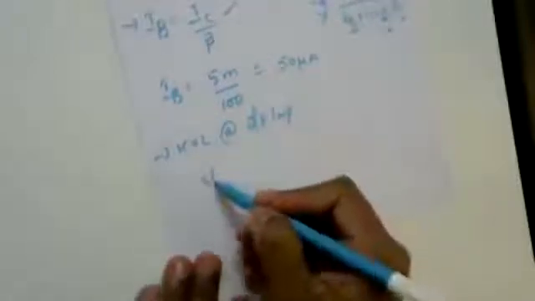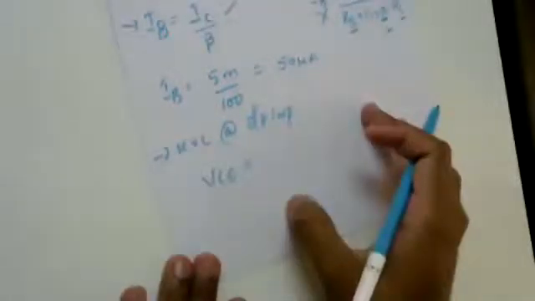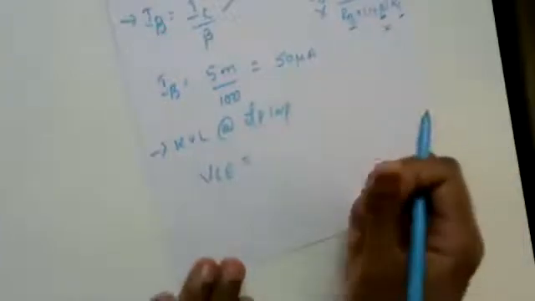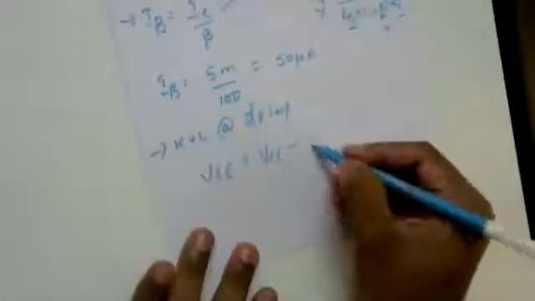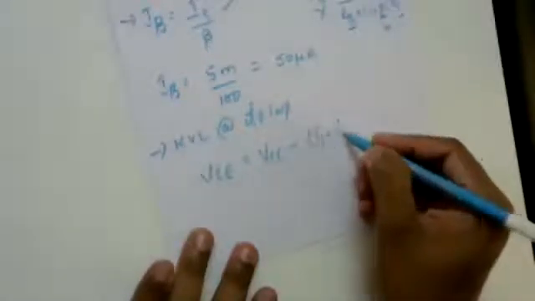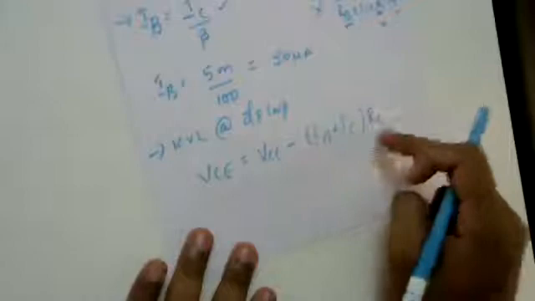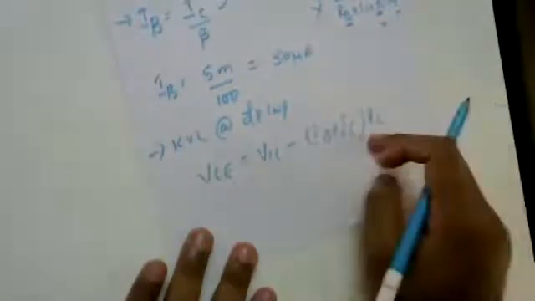VCE is equal to VCC minus (IB plus IC) into RC. Am I right? In this equation, what is the parameter I'm hunting for? I'm hunting for RC, so that I can compute its value.